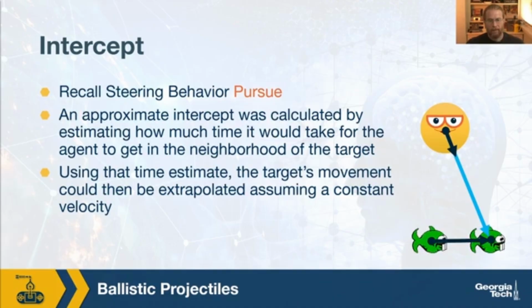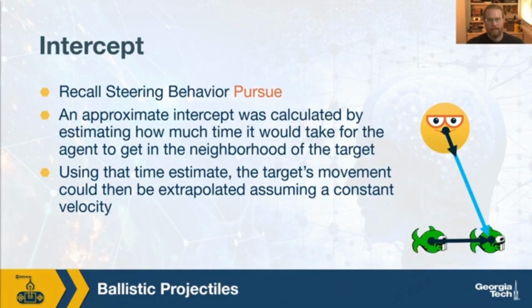The way that algorithm was approached was to use an approximate heuristic, and that was really motivated by minimizing the computational cost, because this is something that we're calculating over and over every single frame. This could easily take up a lot of our computational resources, especially if we have many agents all needing to do the same sort of pursue calculation.